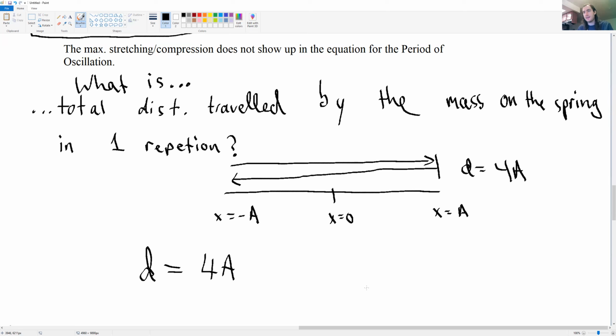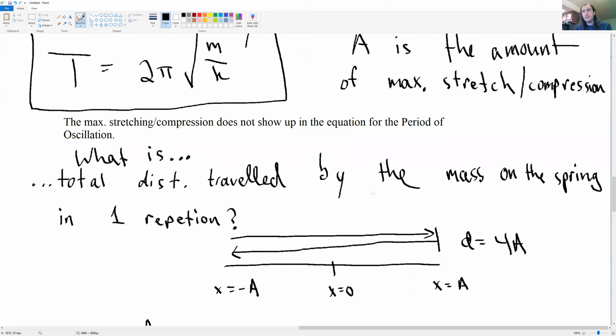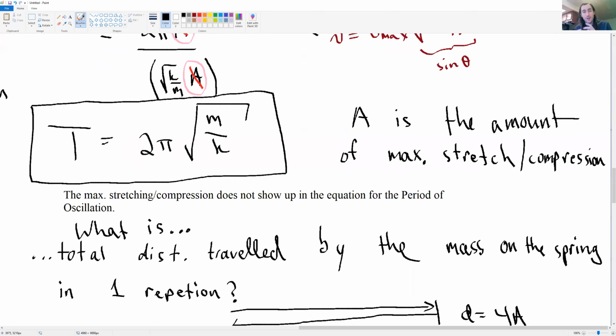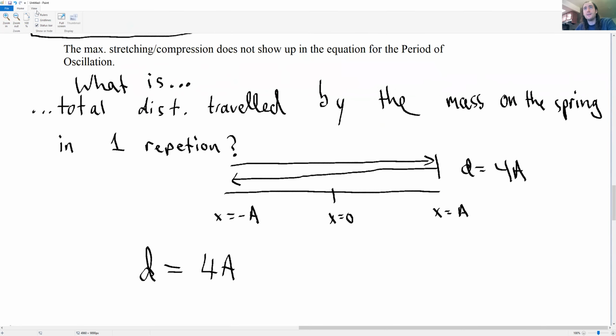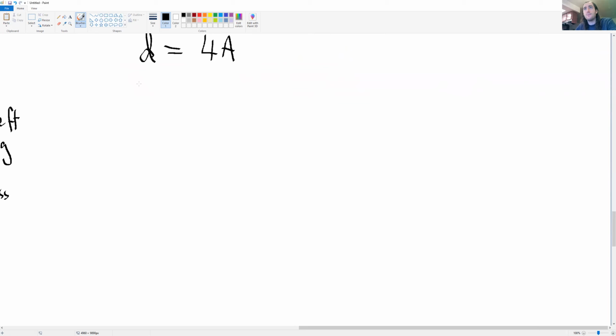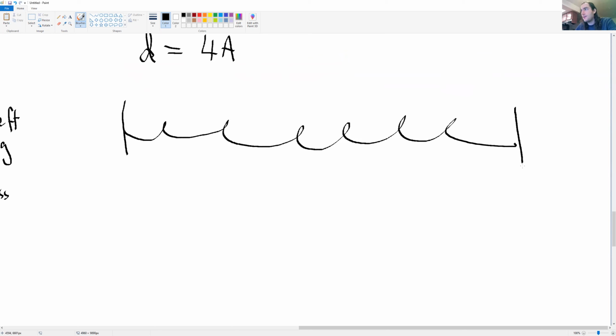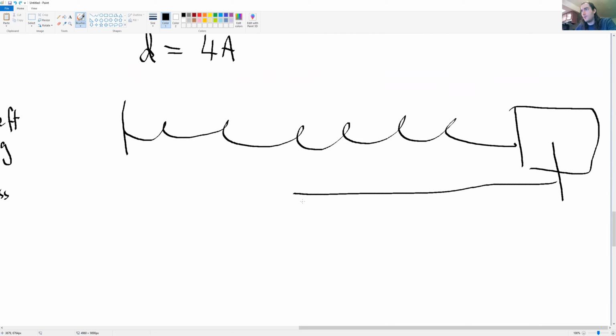So what that tells us is that when we have an undamped spring, in other words, a mass spring system with no friction, the time that it takes for it to repeat its motion is the same no matter how much I stretch the spring. So let's just show that pictorially. If I have a spring and I stretch it this much, well, maybe not that much because then it wouldn't be able to compress.